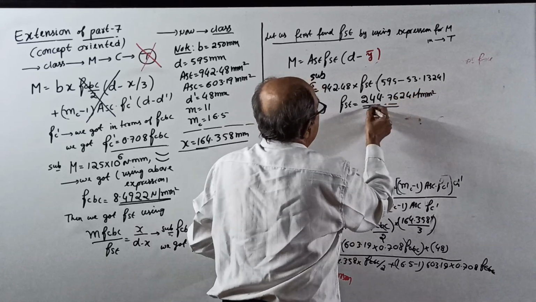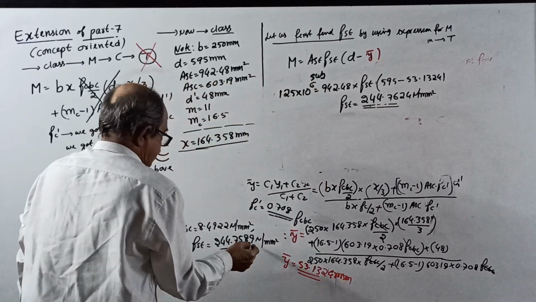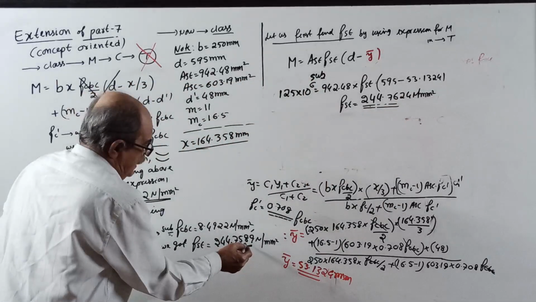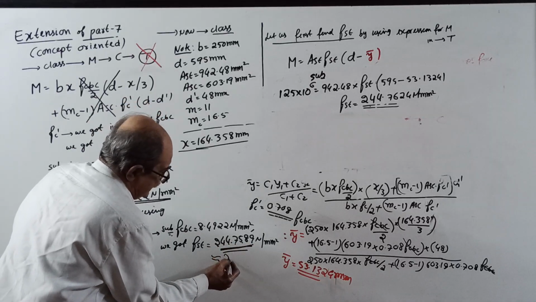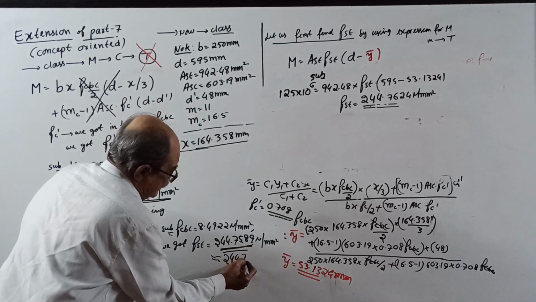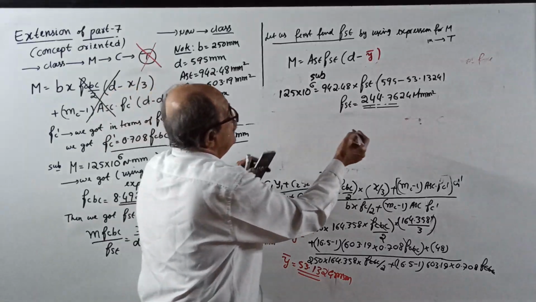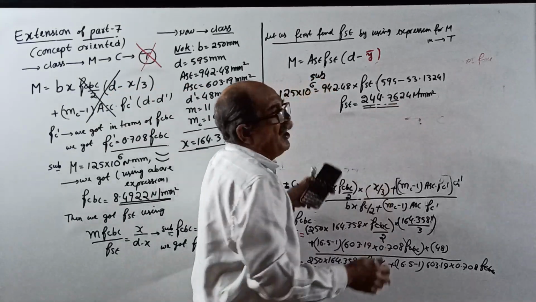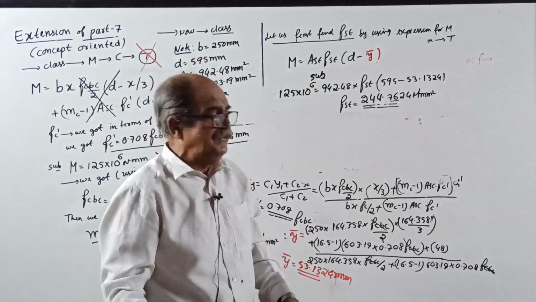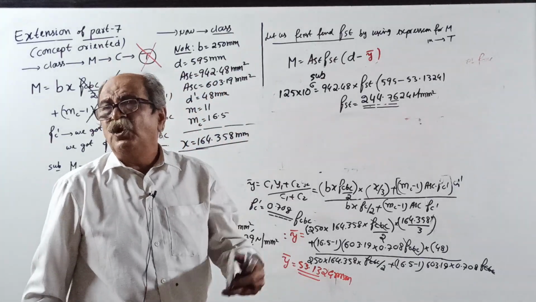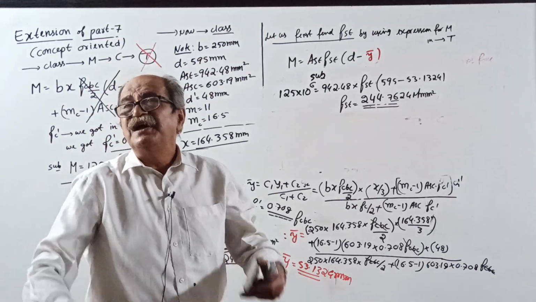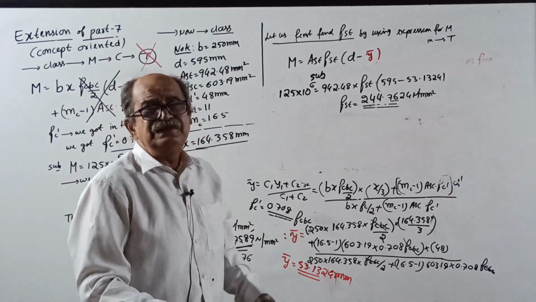Now let me see. Yes, 244.7589, approximately can be taken as 244.76. There is a 0.002 error because of rounding off. Actually y bar is not exactly 53.1324, more digits are there. That is not an error.